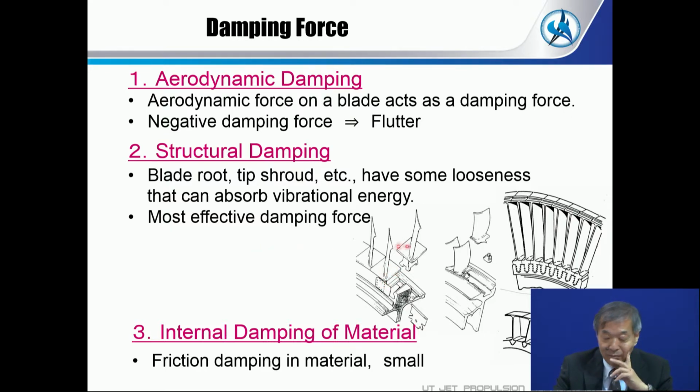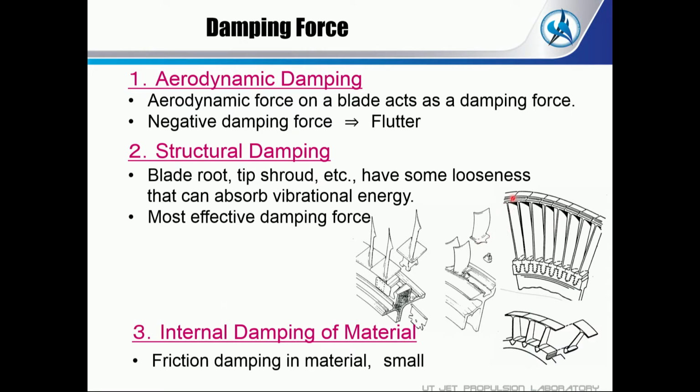And also the shroud here has friction between the adjacent blades. So this is also a source of damping force. This is the most effective damping force. So if there is some possibility of vibration, we use the mechanical structural damping very much.